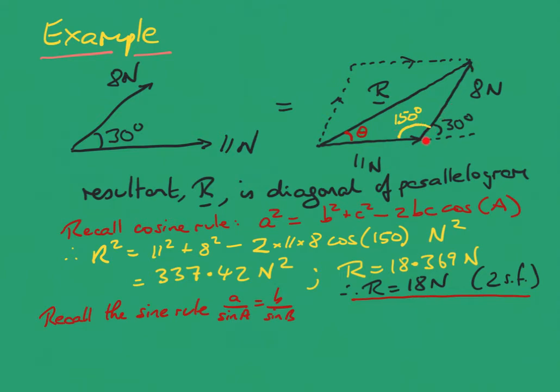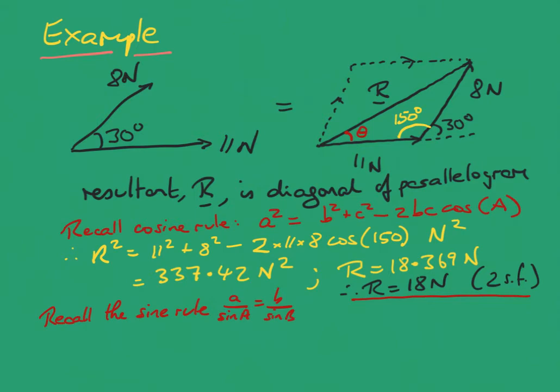We know what this side is opposite the angle theta, so we can work everything out for the sine of the angle theta.